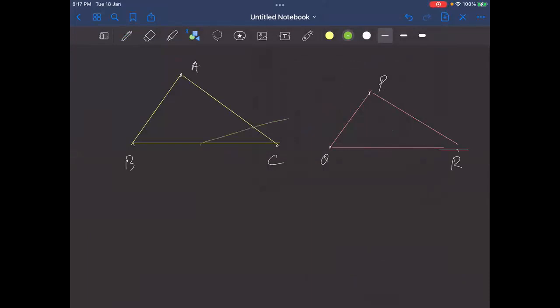From R to AB. And from Q to AC, something like this. Correct. So we have to prove that these three also have some congruency.